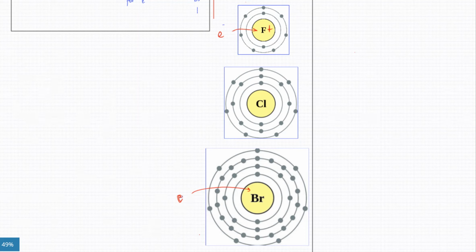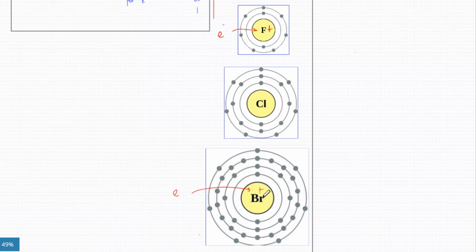What's the problem with bromine now? Bromine's nucleus is positive as well. But when an electron comes, there are too many electrons already around bromine, and what do electrons do? Electrons will repel this other electron that's coming in. Let me just rewrite this. When an electron comes, the nucleus is already shielded, surrounded by a lot of electrons.